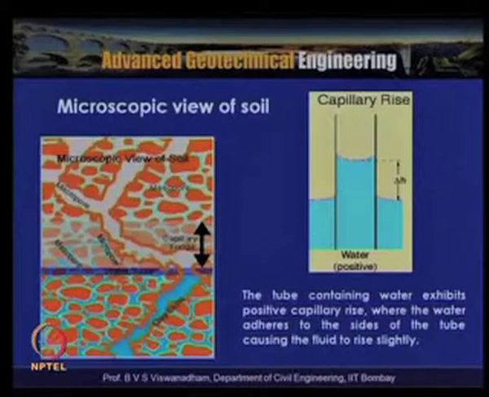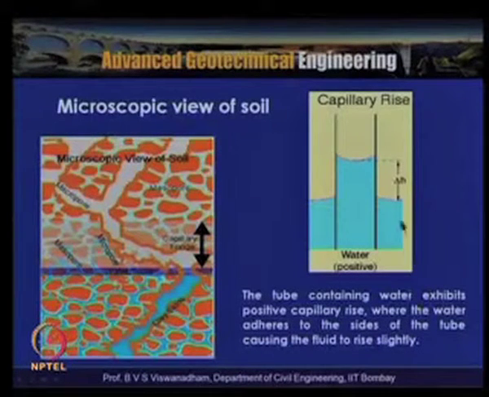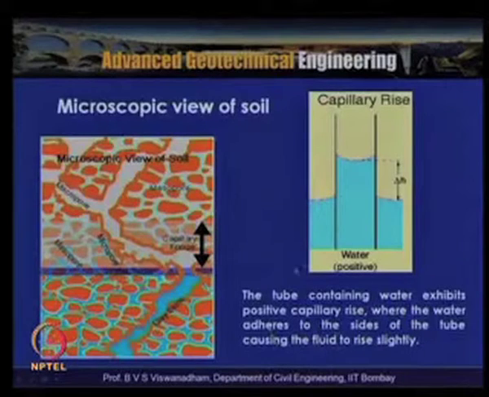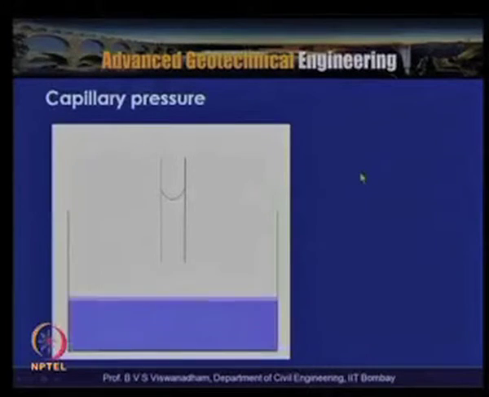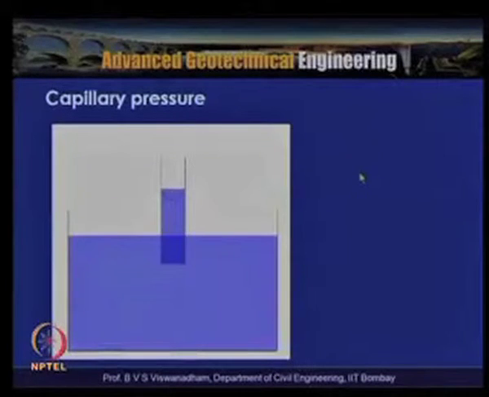Here the microscopic view of the soil is shown, and this is the groundwater table and this is the capillary rise. The tube containing water exhibits positive capillary rise, whereas the water adheres to the sides of the tube, causing the fluid to rise slightly above. We have already discussed the capillary pressure or capillary suction.